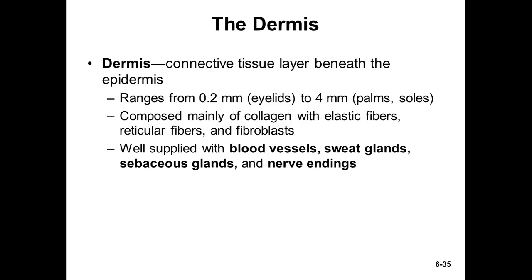sagging skin. So you have a rich supply of blood vessels here, as you can see. Sweat glands, sebaceous glands. You have sensory nerve endings here. You have your hair follicles. You have your nail roots.